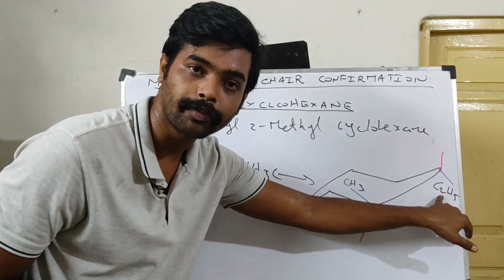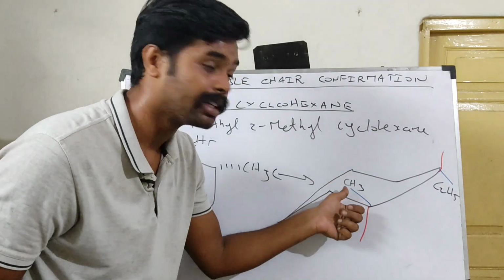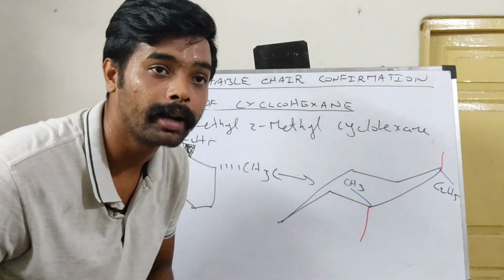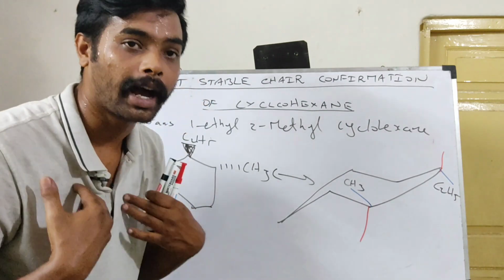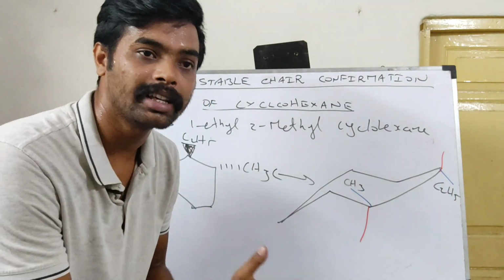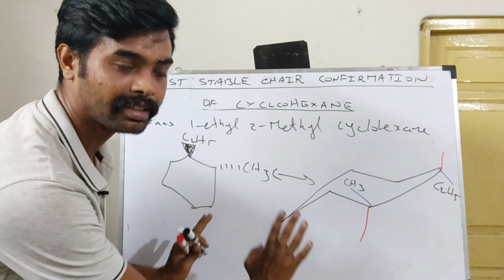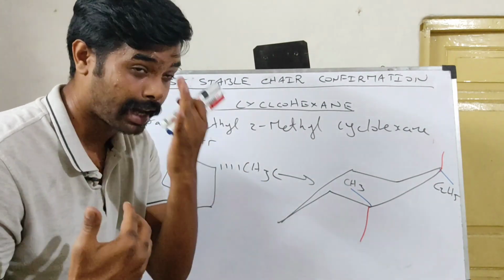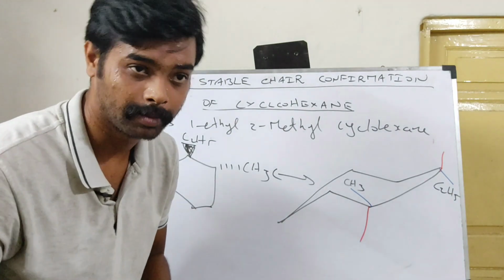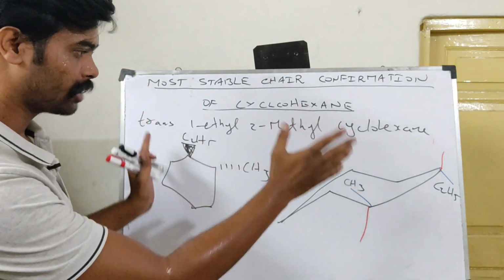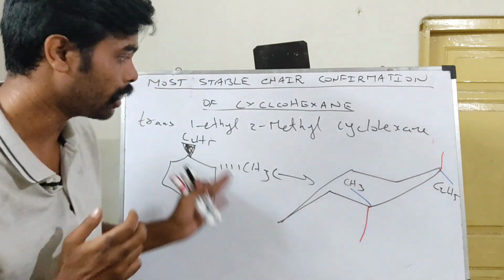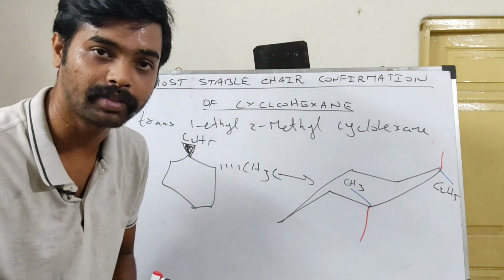I had C2H5 in the equatorial position and CH3 also in the equatorial position. There are two bulky groups and both are in the equatorial position. So if you ask me which is more stable, whether it's cis or trans, in this case trans is the more stable one. But again, don't generalize. There can be cases where cis is also more stable. So I hope you understood how to get the most stable chair conformation for different stereoisomers of cyclohexane.